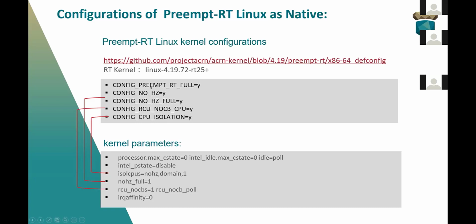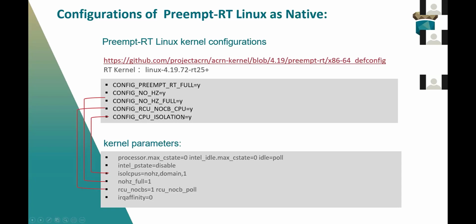For this one, we configure the kernel as preemptible, and the second is NO_HZ_FULL, which can reduce the timer interrupt, and this is for RCU callback, and for the CPU isolation.